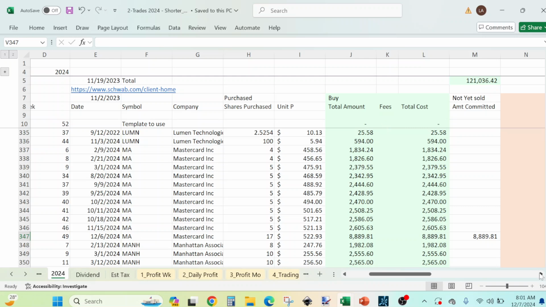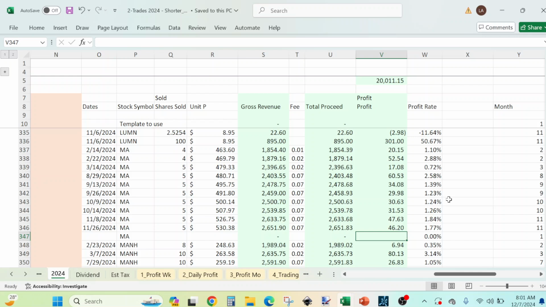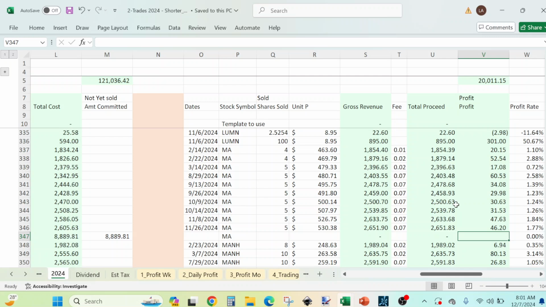It takes how much profit we made that week by taking how much we sold minus how much we paid for that stock, whether we bought it that week or not, because we are tracking the profit per specific trades or transactions.